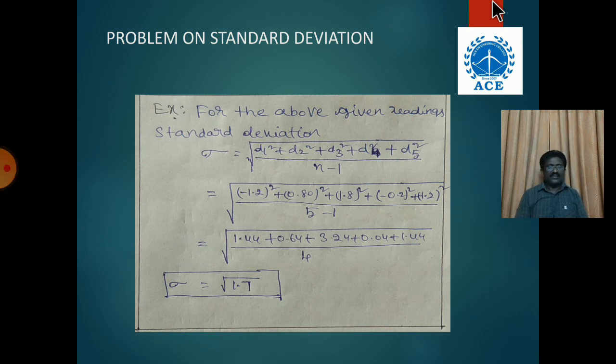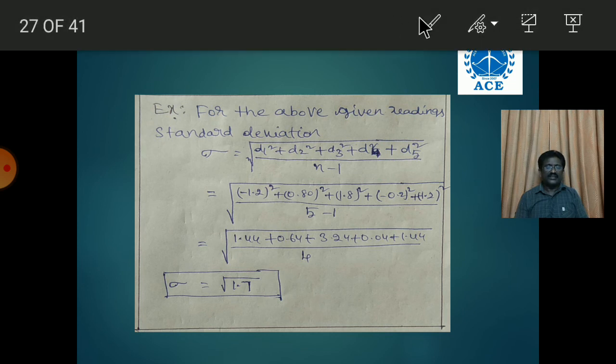So here d1 is minus 1.2, d2 is 0.80, d3 is 1.8, d4 is minus 0.2, d5 is 1.2. Here I have taken readings n less than 20. That is the reason I have written n minus 1 in place of n. Now simplify them. You will get the standard deviation sigma equal to under root 1.7.